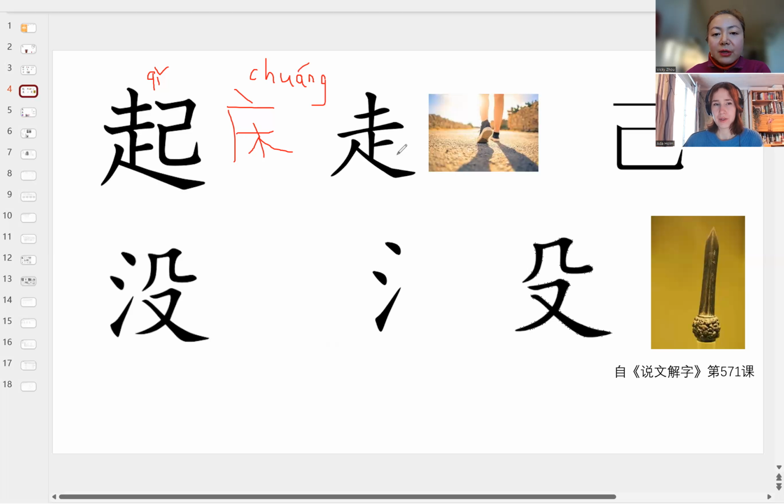好的，now we focus on this 起. 看一下左边是什么, left side 是什么? That's 走, not 左. 对的, 走 to walk. 走 is walk, 走路的走, to walk. What about the right part?